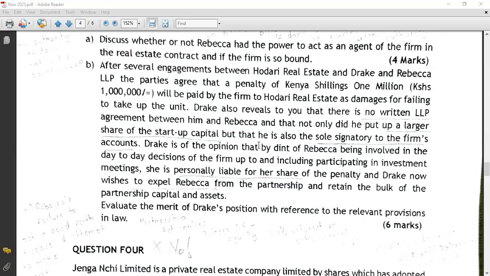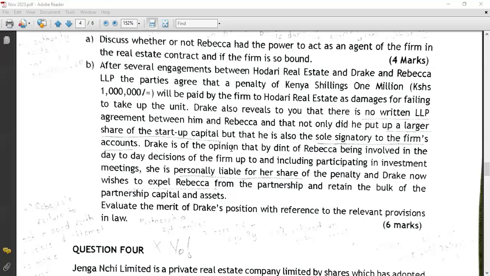Yeah. So let me ask Malini. So that means if there's nothing written, but the parties are acting in a manner to infer that it's a partnership, the LLP terms would apply. Is that correct? Is that the position?